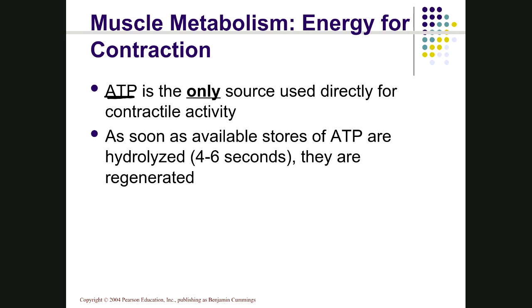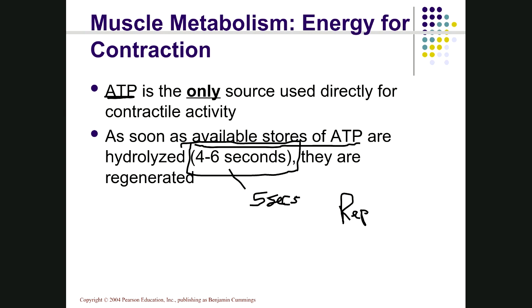And so the amount of ATP available floating around in the cell is only enough for about 5 seconds worth of work. So if we don't somehow replenish this ATP, at the end of 5 seconds, you couldn't do anything else. Fortunately, we can replenish this ATP.